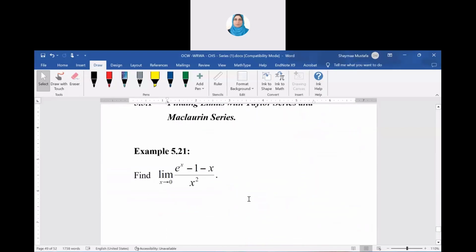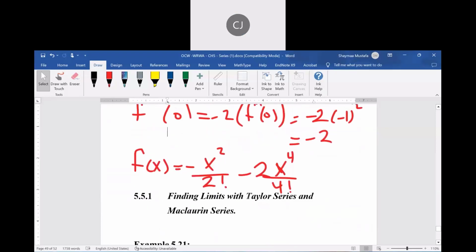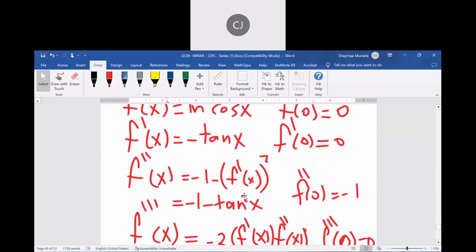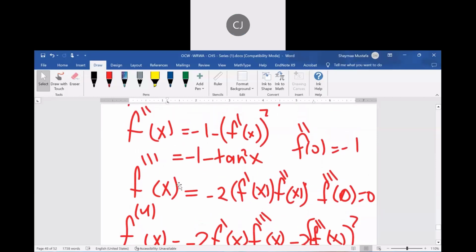Doctor, yes, I have a question. For the third derivative, we will get negative 2 and then times tangent x times secant square x, instead of negative 2 negative tangent x.